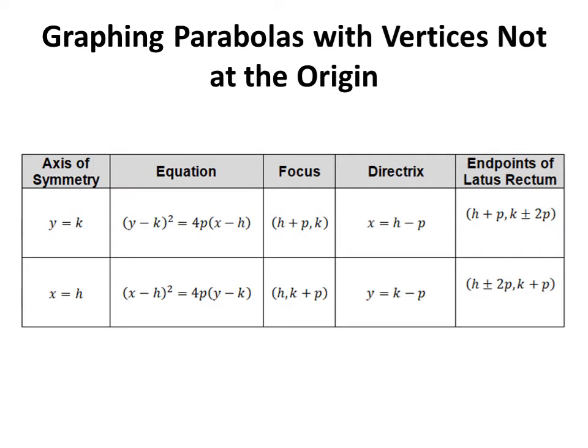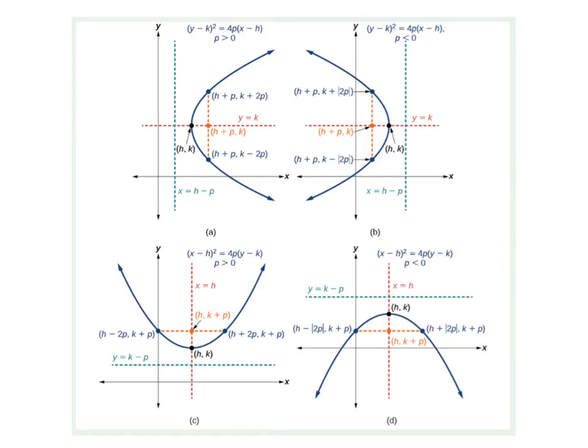These standard forms are given as follows, along with their general graph and key features. This figure summarizes the standard features of parabolas with a vertex at a point (h, k).